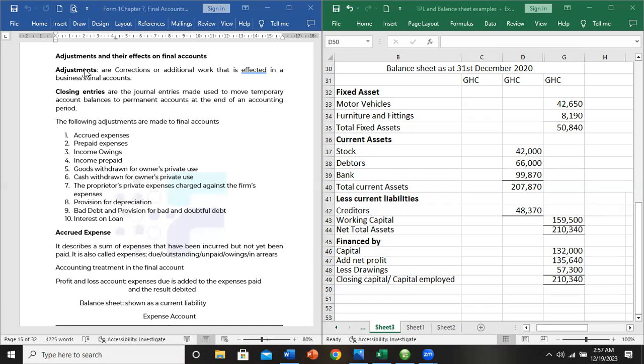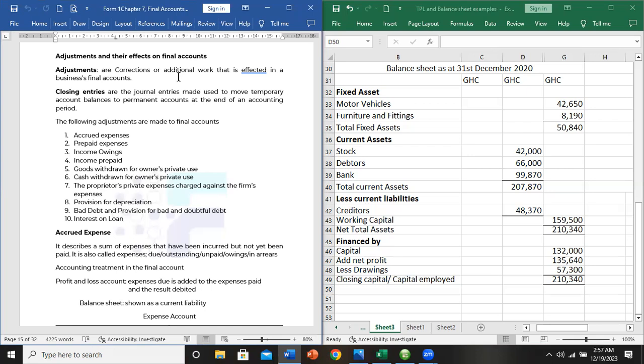So let me read here, and I believe all of you can see. Adjustments are corrections or additional work that is effected in a business final account. So corrections, it can happen that you made a mistake. Your sales figure is 50,000 and not 55,000. So in preparing your final account, you have to make that correction by way of doing an adjustment.